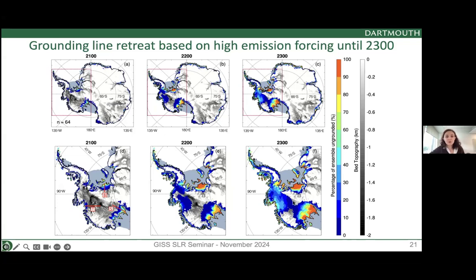These large retreats are really interesting, so we're going to focus on that for just a few more minutes. You see here on the left these three lines going on Thwaites Glacier, the Siple coast, and Berkner Island ice rise. We're going to look at the grounding line retreat in these regions.